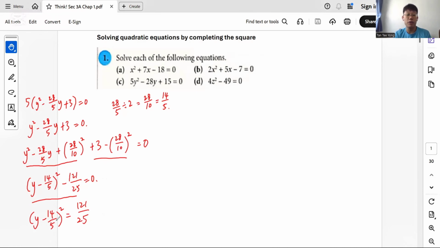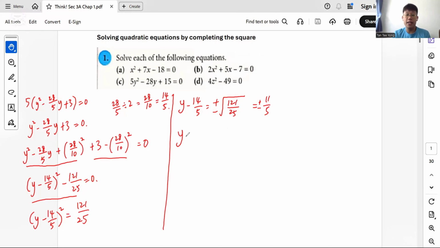Then square root both sides. So let me write it here. Square root both sides. So y minus 14 over 5 equals to plus minus square root 121 over 25. The square root of 121 over 25 is also 11 over 5, plus minus.